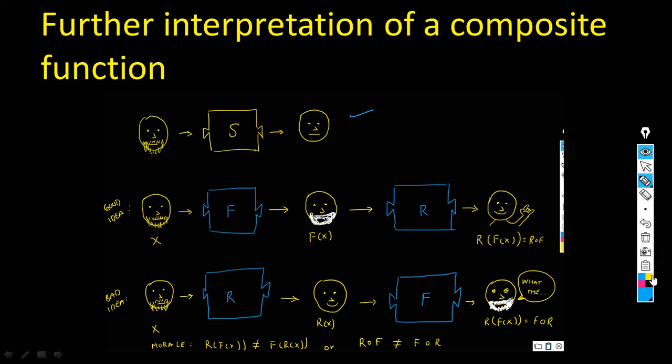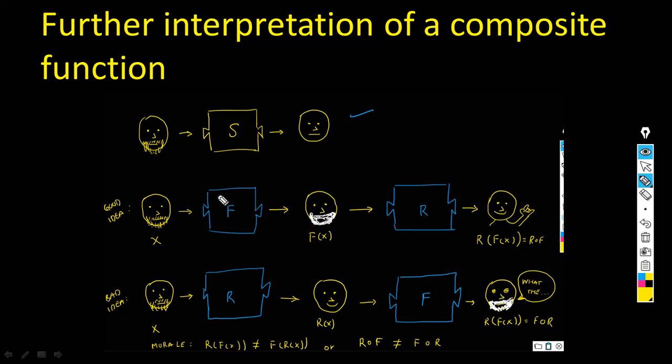This is simple to understand. Now, what if I told you that this function s, shaving, can be implemented or can be thought of by making use of two simpler functions? Look at this line now. I'm creating two simpler functions, function f and function r. What is function f? Function f takes as an input a guy with a beard, and as output it produces a guy with shaving foam on his face.